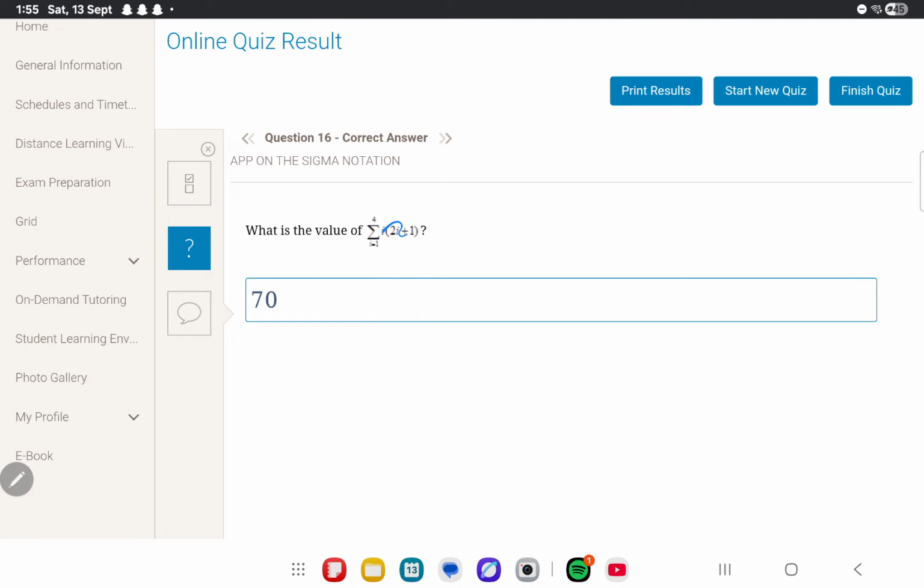So here, same exact thing. You do this on a calculator, or let's do it physically.